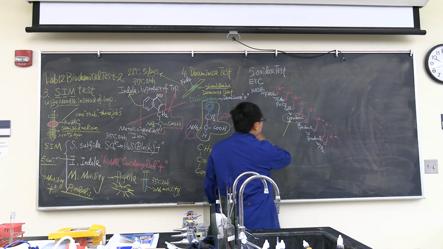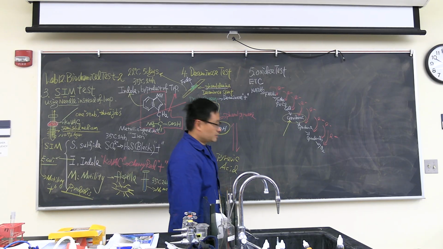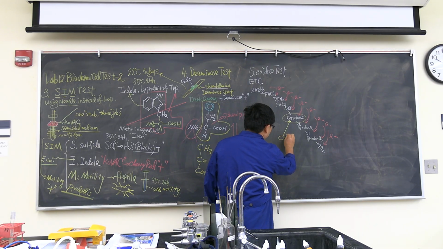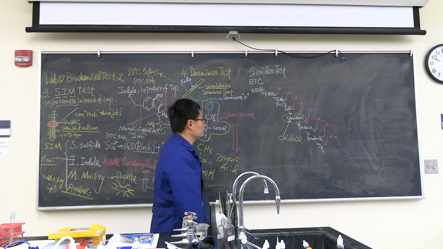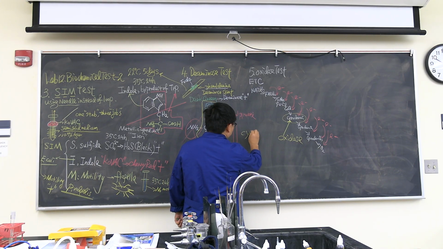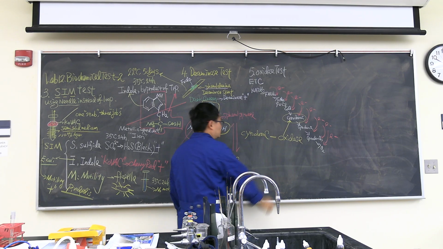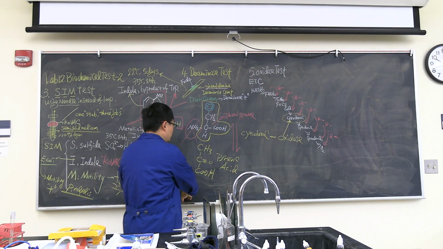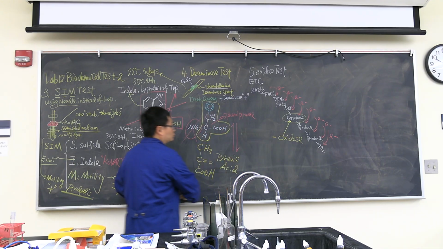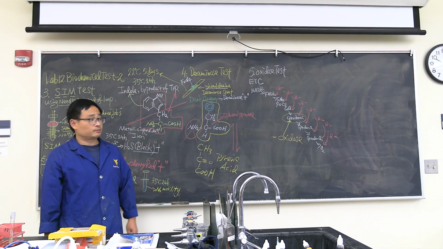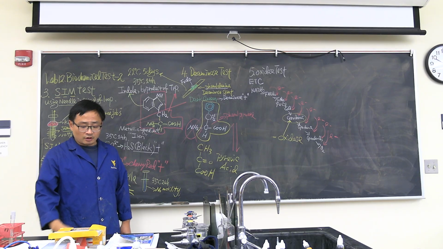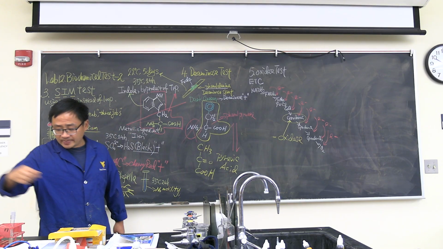You need an enzyme, the enzyme called oxidase. So, oxidase originally is called cytochrome C oxidase. But again, people think you are very smart, so they took this out. Become oxidase.